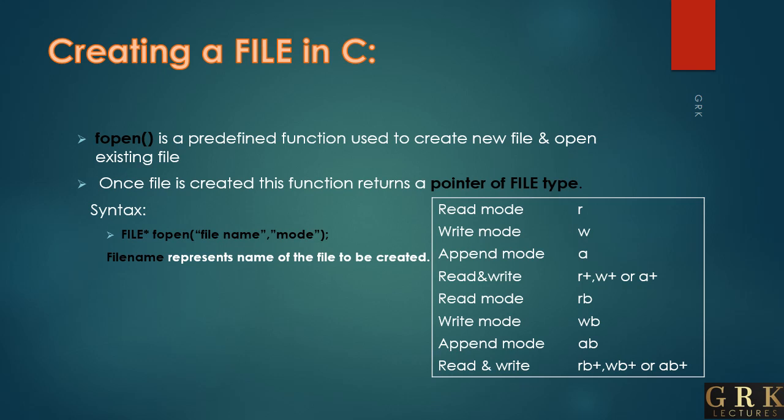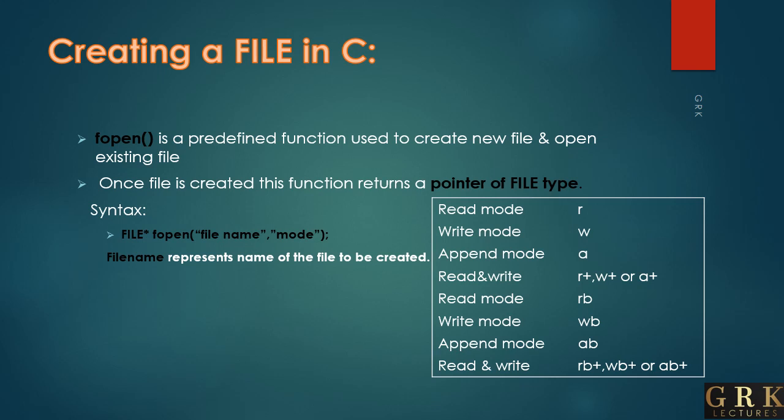For example, if you want to open a file in the read mode, then in the second parameter you should write r between double quotes. That represents a file has been opened in the read mode. Similarly, if you want to open it in the write mode, you have to write w here between double quotes.